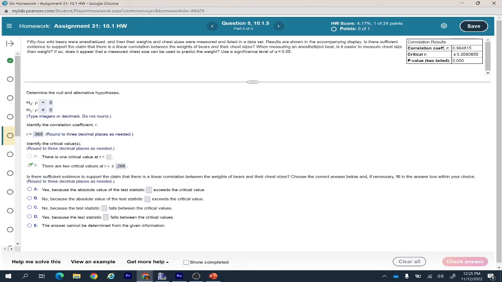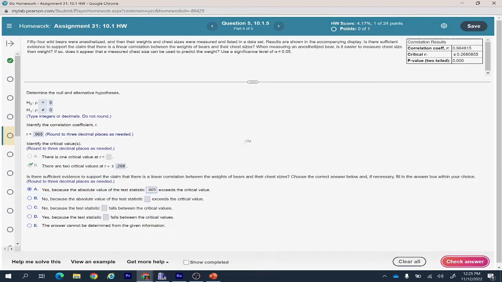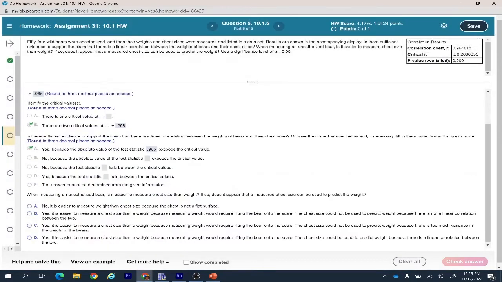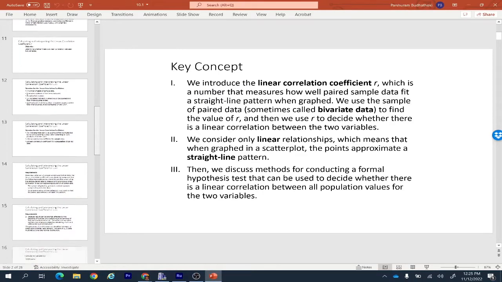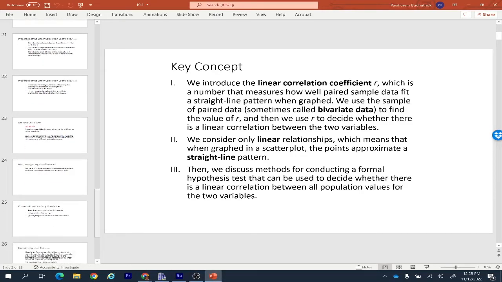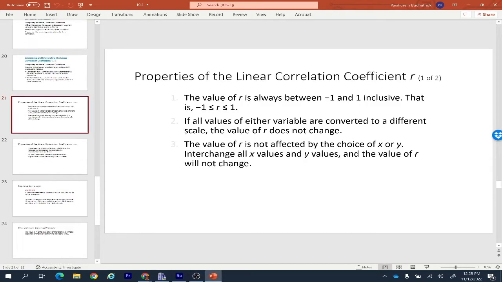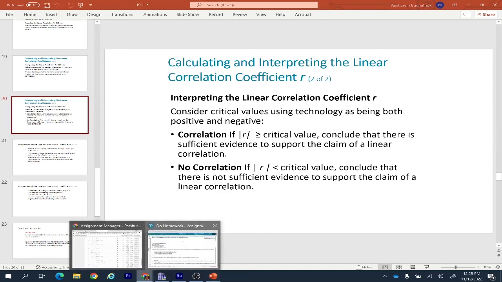Yes, because the absolute value of the test statistic, which is 0.965, exceeds the critical value, there is evidence to support the claim. And you can find that information here. If the absolute value of the correlation coefficient is greater than the critical value, this is the conclusion. Less than the critical value, this is the conclusion.